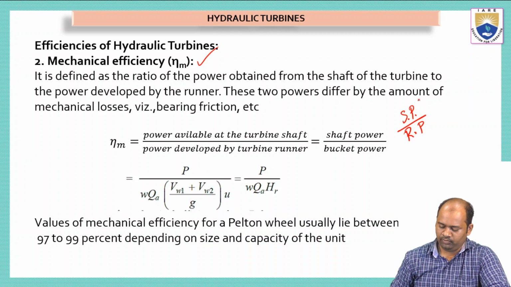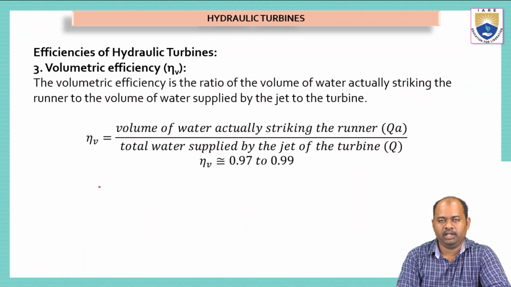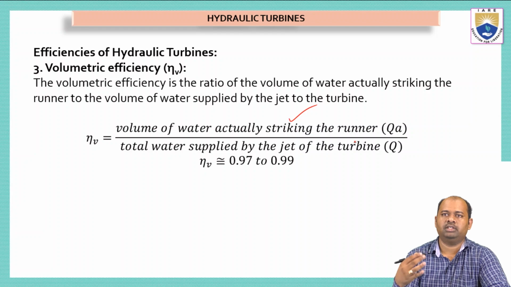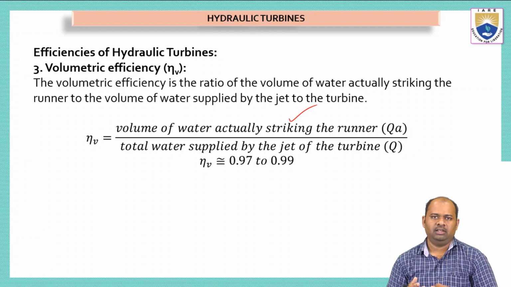And then we have another efficiency, that is volumetric efficiency. Volumetric efficiency is the volume of water actually striking the runner to the total water supplied by the jet of the turbine. As we know, a moving turbine is supported with the help of jets. We have different jets placed at different locations.